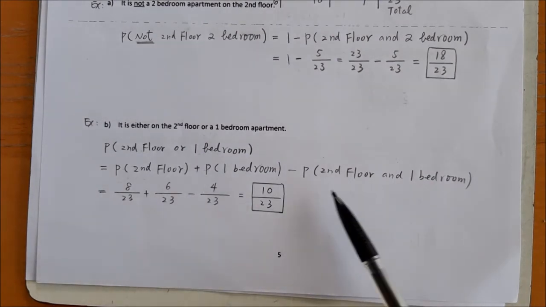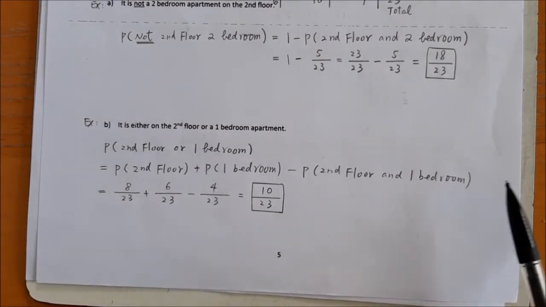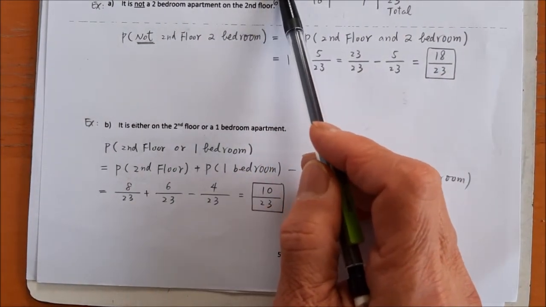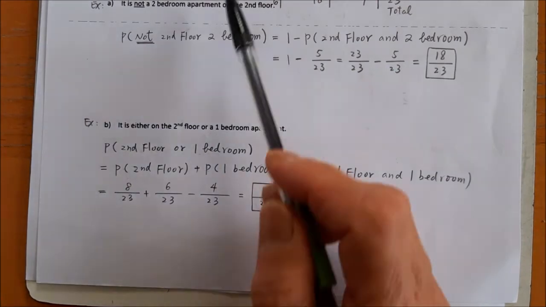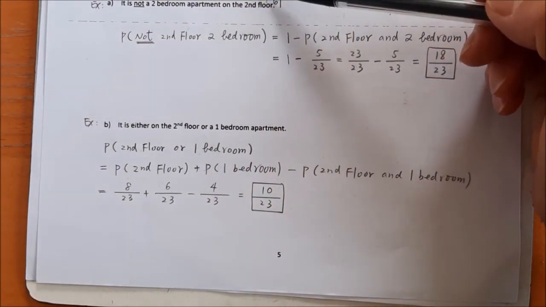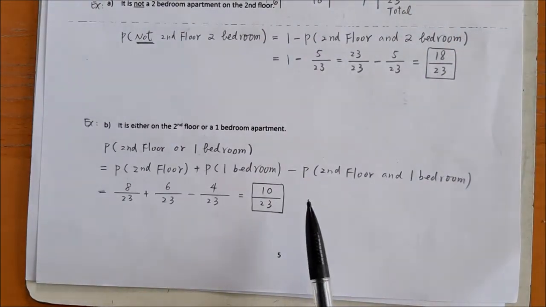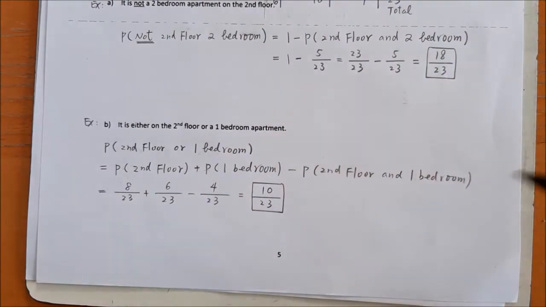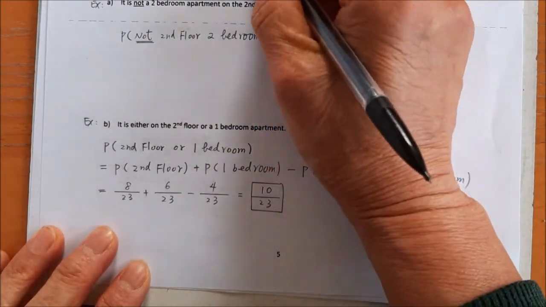Minus the probability of second floor and 1-bedroom. Second floor and 1-bedroom should be 0.